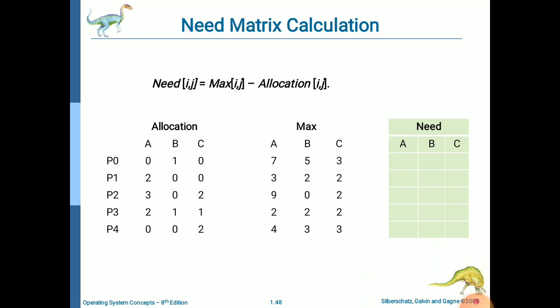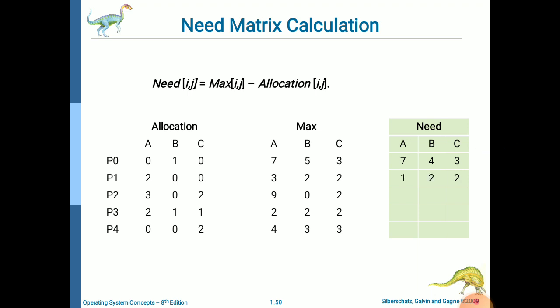You calculate the Need matrix using the formula Need ij equals Max ij minus Allocation ij, which means the Allocation matrix is subtracted from the Max matrix. So here 7 minus 0 is 7, 5 minus 1 is 4, 3 minus 0 is 3.